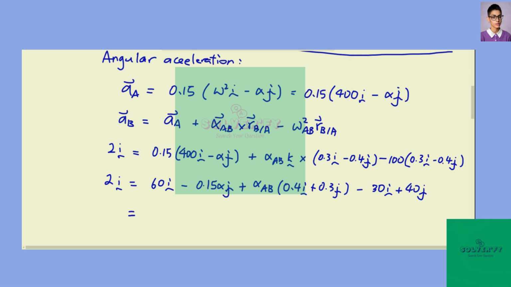Okay, group the terms. So we have 30 plus 0.4 alpha AB i, plus 40 minus 0.15 alpha plus 0.3 alpha AB j.